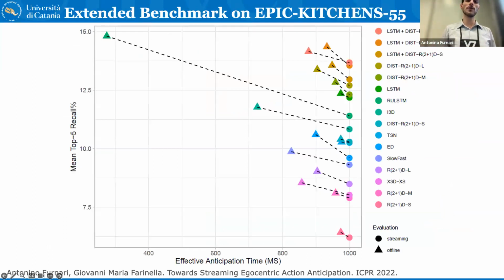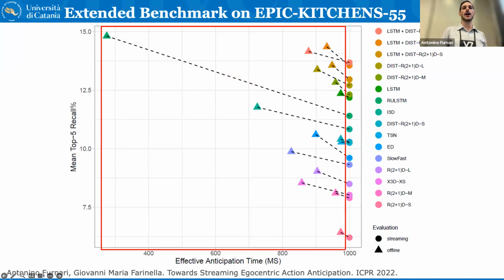So what we found, we summarize in this image. You see the triangles on the left are the models when they are evaluated with a standard approach, so without shifting the observation back. But they are plotted not just with respect to performance on the y-axis, but also with respect to the effective anticipation time on the x-axis.